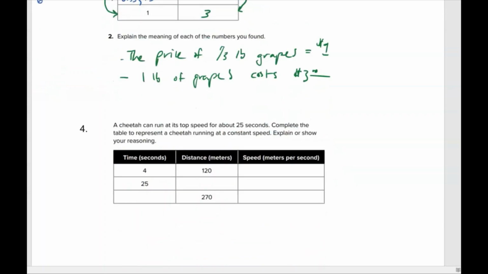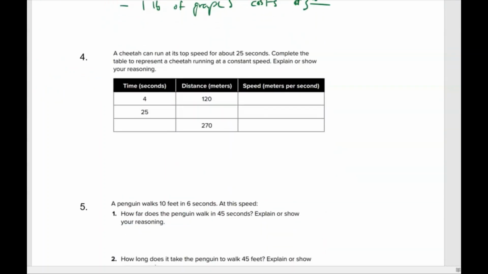Continuing on, number 4, a cheetah can run at its top speed for about 25 seconds. Complete the table to represent a cheetah running at a constant speed. Complete or show your reasoning. Okay, so it tells me that if this cheetah runs for 4 seconds, it goes a total of 120 meters.